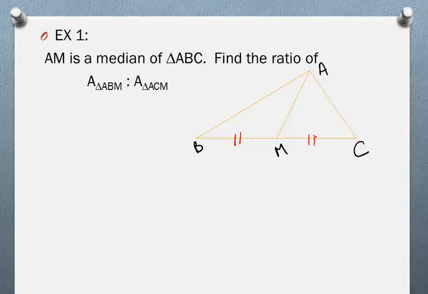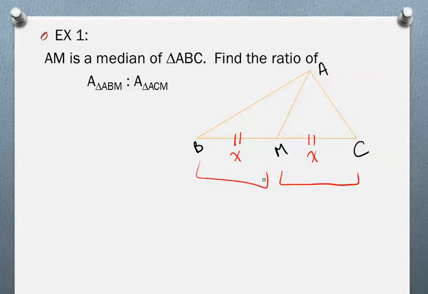We don't have enough information to prove that the triangles are similar. So we don't have much information, but we do know that this would be congruent to that, so we can label those X. And X happens to be the base in both triangles.